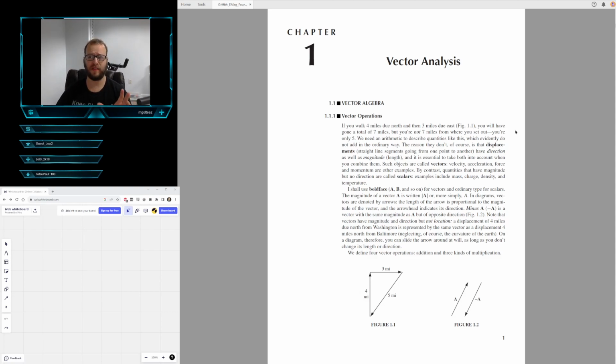Subtraction of vectors is just addition of vectors with a different name. But multiplication of vectors can be done in many different ways. So we want to understand how to both add and multiply vectors together.